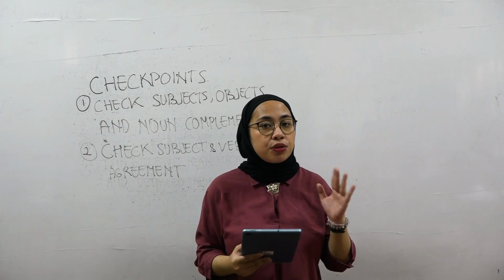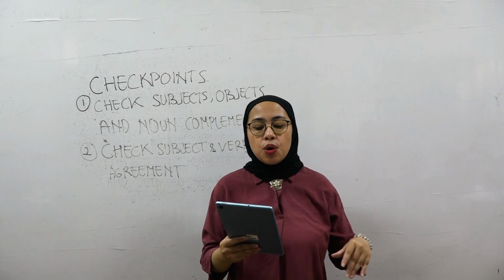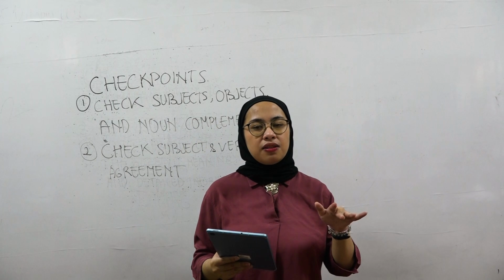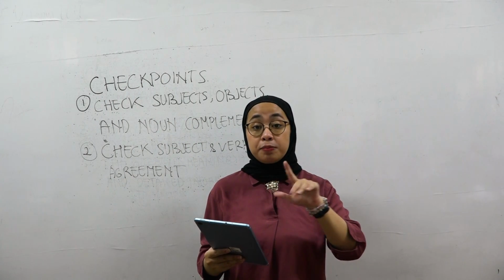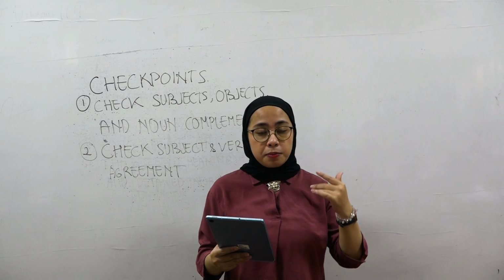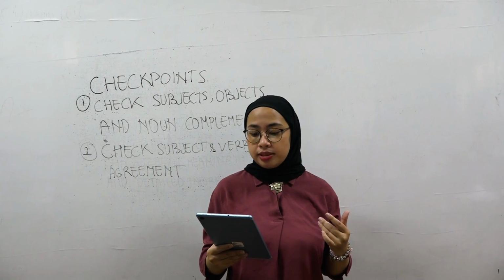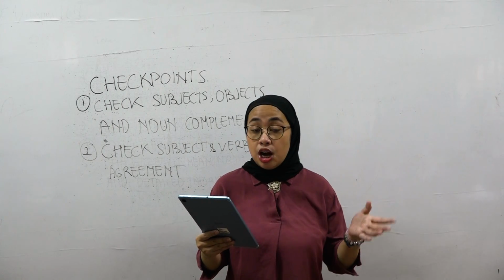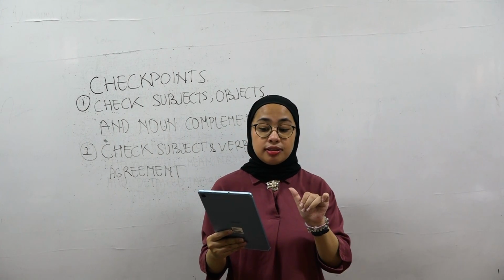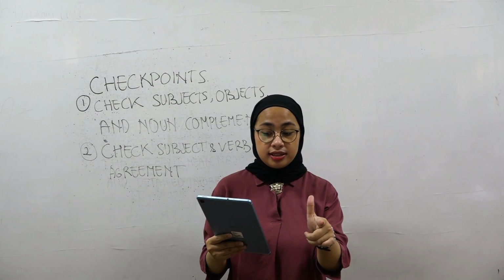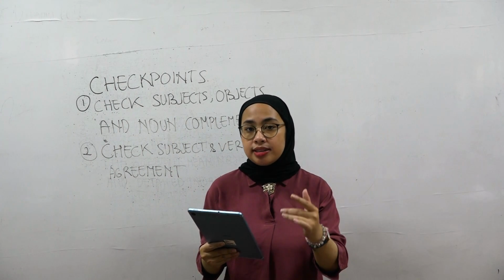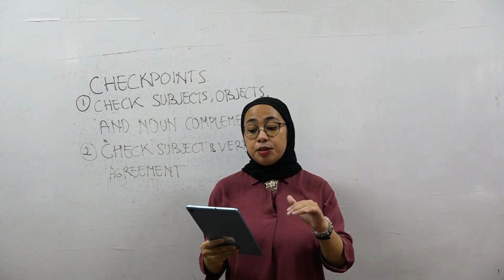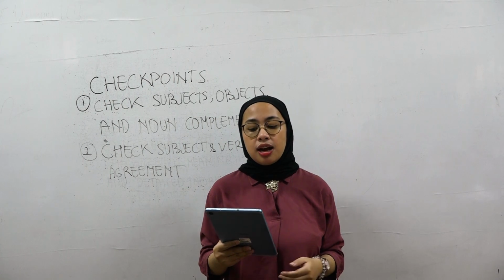So that's how you differentiate. When you find a subject complement, it comes after the verb be: are, am, is. And an object complement comes after the direct object. So after you find an object, and if there is a noun, here the nouns are teacher and president, it comes after the direct object. So "they elected him president" is the object complement.